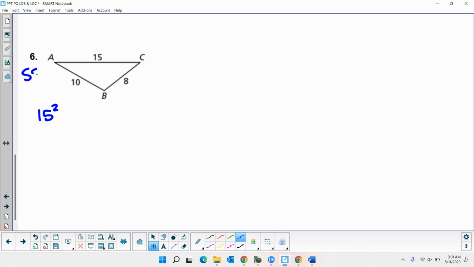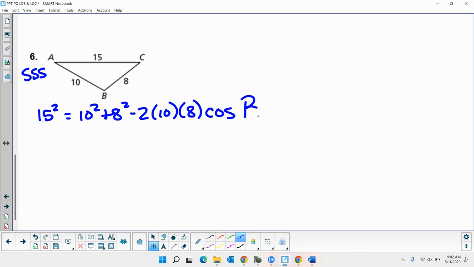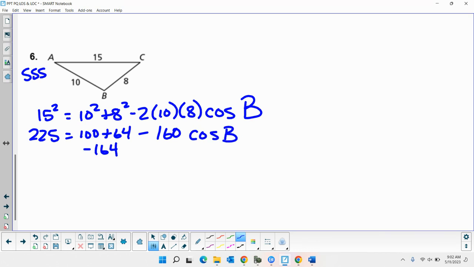This again, side, side, side, law of cosines. 15 squared equals 10 squared plus 8 squared minus 2 times 10 times 8 times a cosine, and this would have been angle B, the biggest one. So 225, 100, 64, 20 and 8 is 160. So that's 164. I'm going to subtract it over.